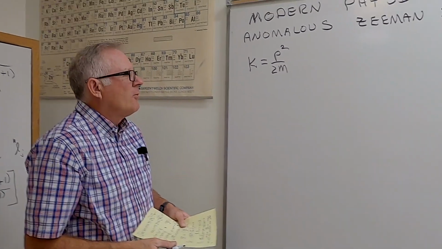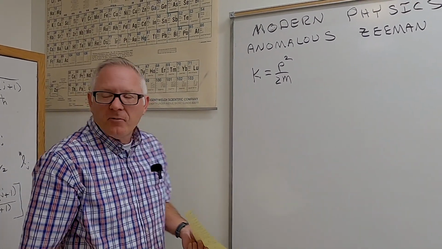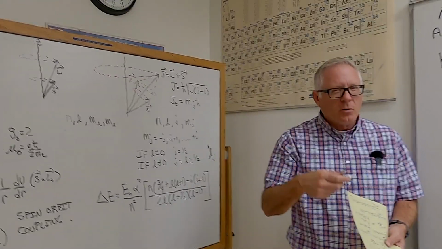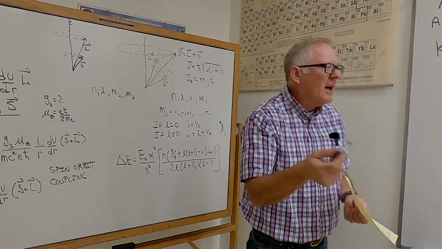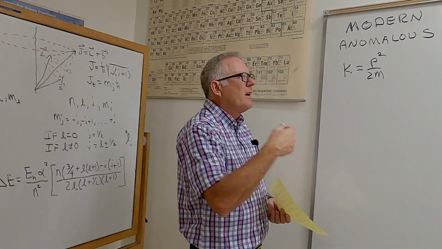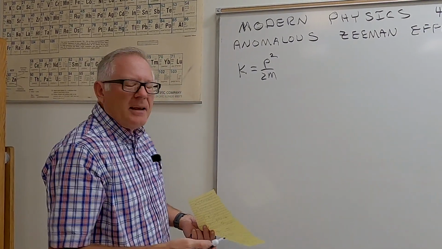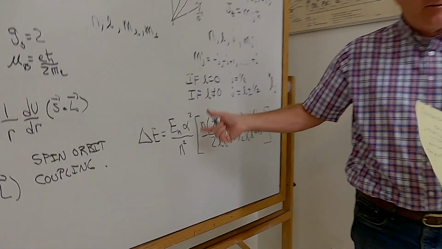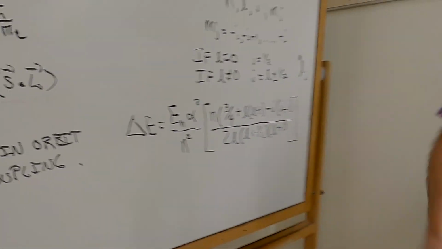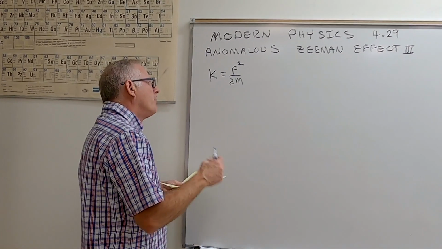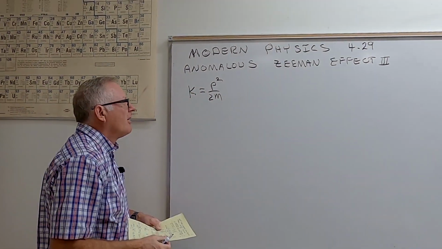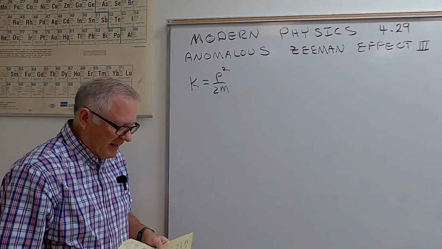We said it's a very small effect because even for the hydrogen atom, in the lowest orbit, the electron was moving about 1/100th of the speed of light. But 1/100th of the speed of light makes about this same size of effect. So I need to take into account a better approximate value for the kinetic energy.